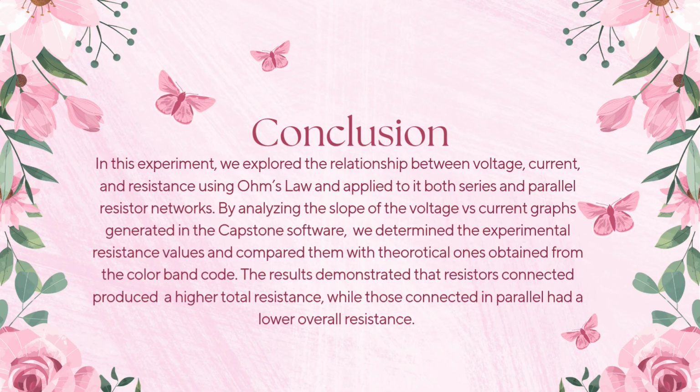By analyzing the slope given by the voltage and current graphs, we determined the experimental resistance values and compared them with theoretical ones given by the color band code. The results demonstrated that resistors connected in series produced a higher total resistance, while those connected in parallel had a lower overall resistance.